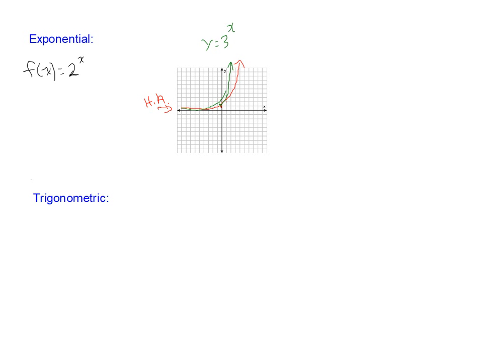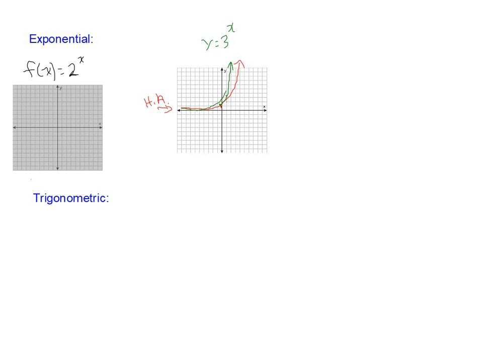All right, and the last type of function that you would have looked at in grade 11 would have been trigonometric functions. There were a few of those that you looked at, so maybe I drew a few different graphs here to have a peek at.